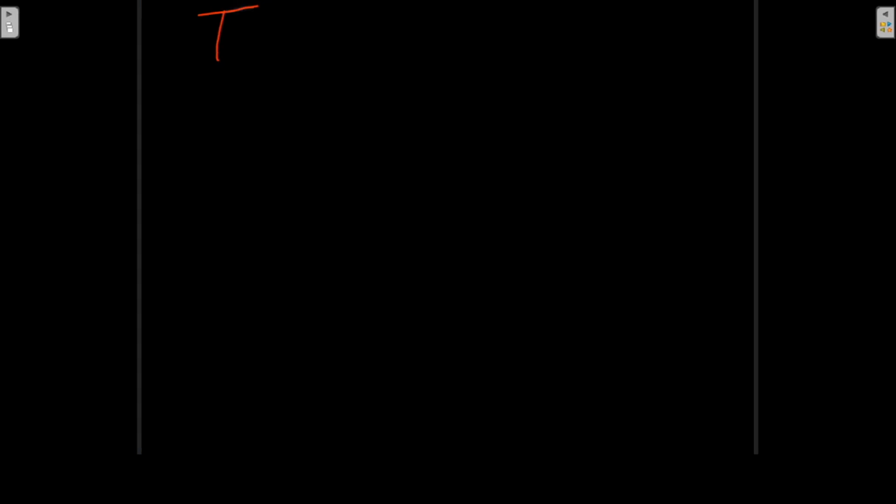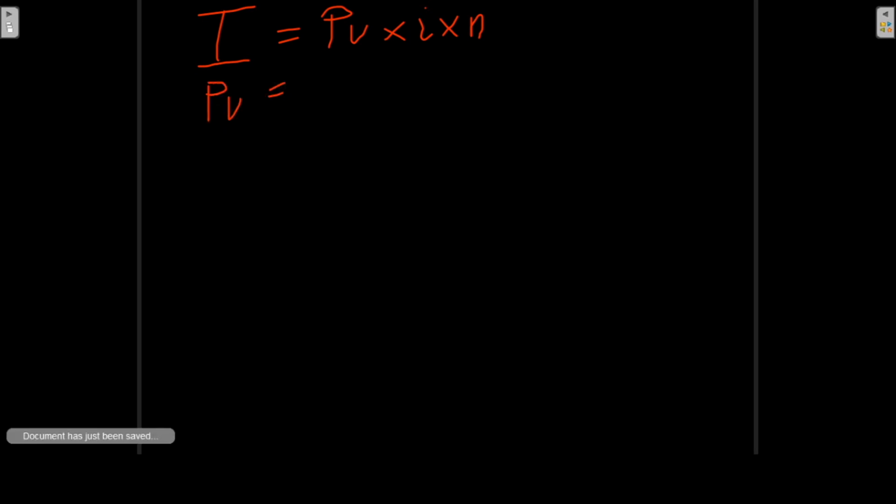Okay, we see that the interest is equal to the present value times the interest rate times n. So the present value is the interest divided by the interest rate times n.